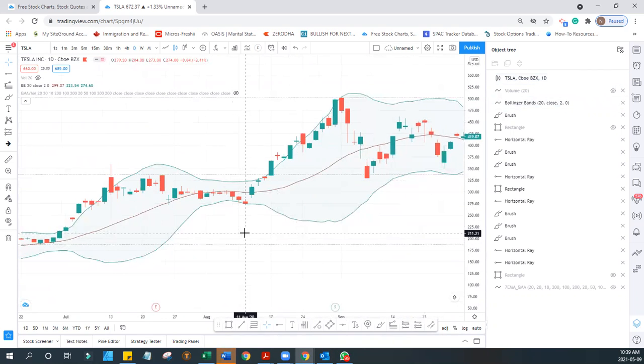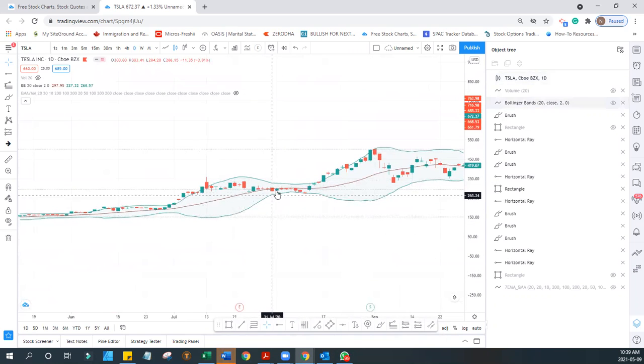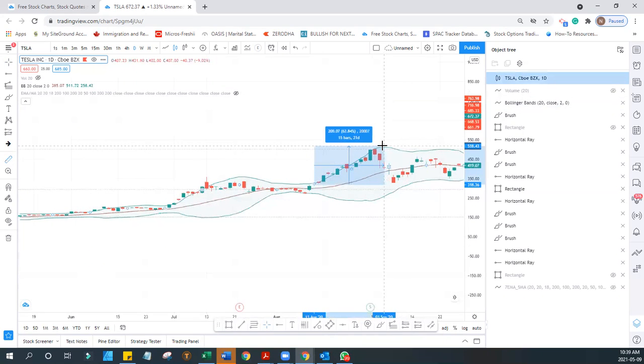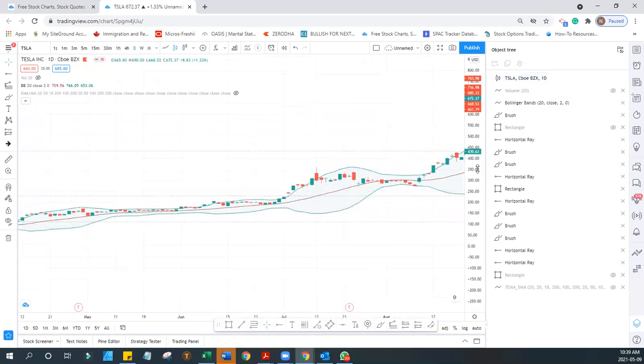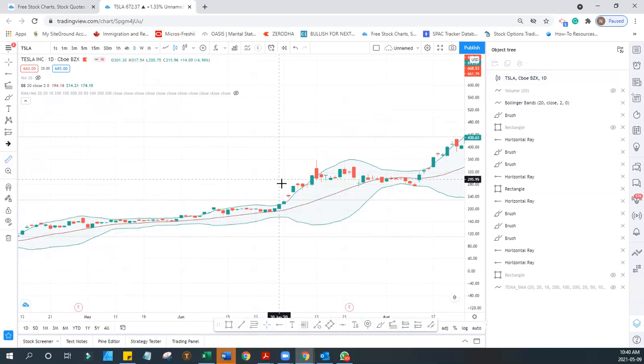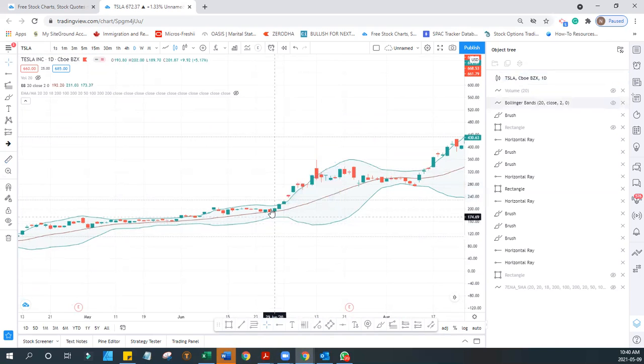Even here, look at this one, so narrow, and the price went up, and within 7 or 8 days it gave like a 60% return. Even here, the price was range bound, and when it went, it gave almost 50% return.